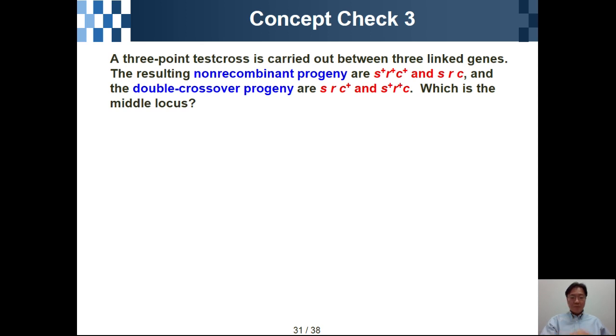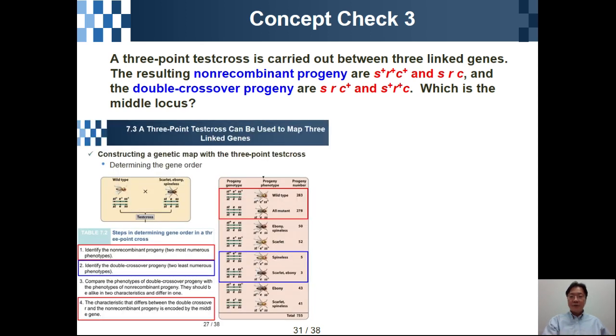First we have to identify the non-recombinant progeny, and also identify the double crossover progeny. And we have to compare the difference between the double crossover and the non-recombinant progeny.